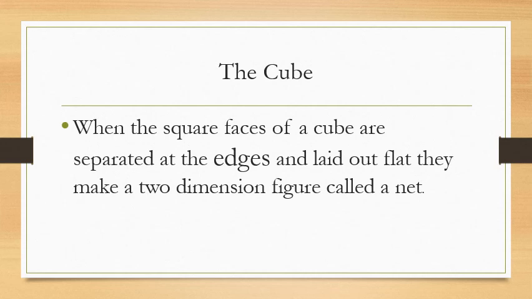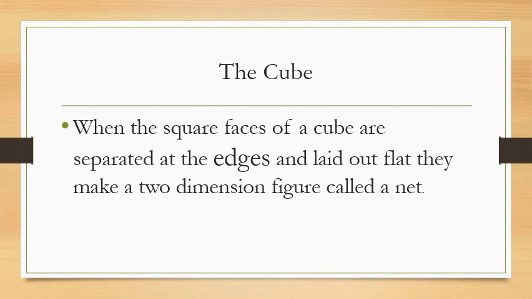I'll read it again. When the square faces of a cube are separated at the edges, remember the edges of the shape are where two faces join together, and laid out flat, they make a two-dimensional figure called the net.